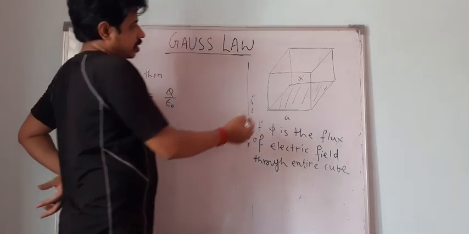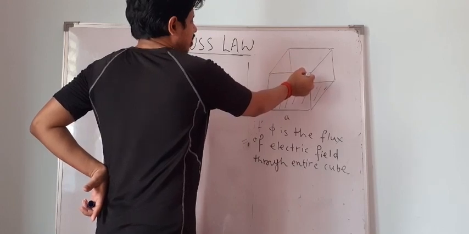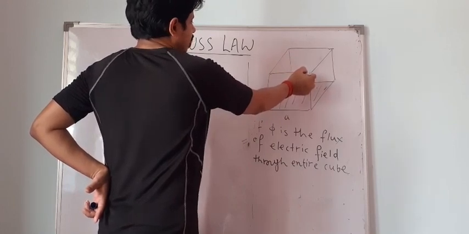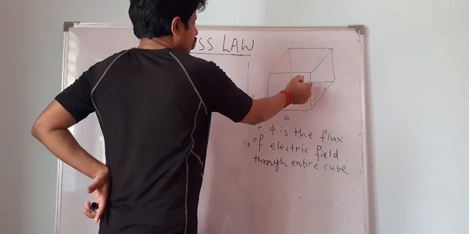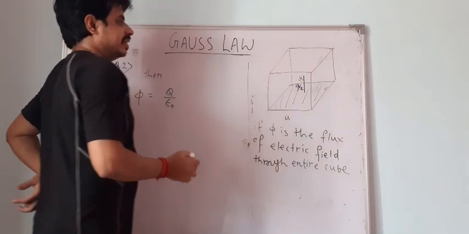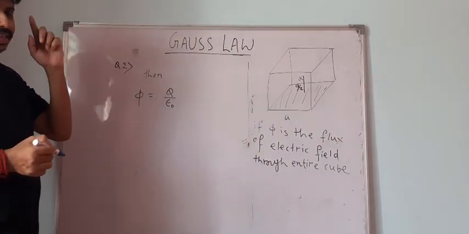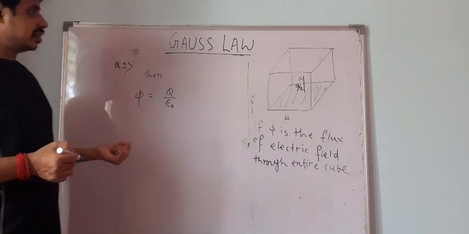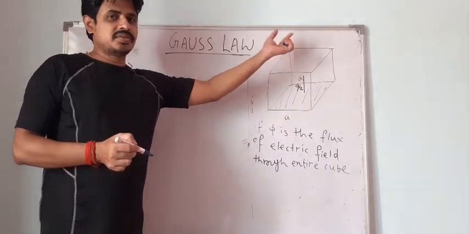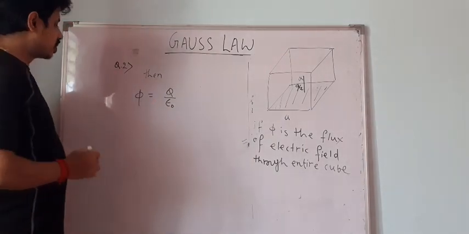since the cube has 6 faces and each face is symmetric with respect to this charge because it is at a distance a by 2. So from each side it is at a distance a by 2. So due to the symmetry, we can say that each face has the same flux. So 6 faces have Q by epsilon naught.